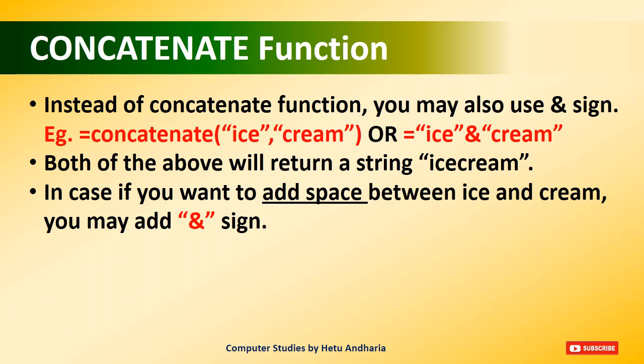If it is a single text not stored in any cell, then you have to add double quotes, comma, cream also in double quotes, or you can type straight away is equal to double quotes ice and double quotes cream, simple. Both of the above will return a string called ice cream. Both of the above will return the same value.